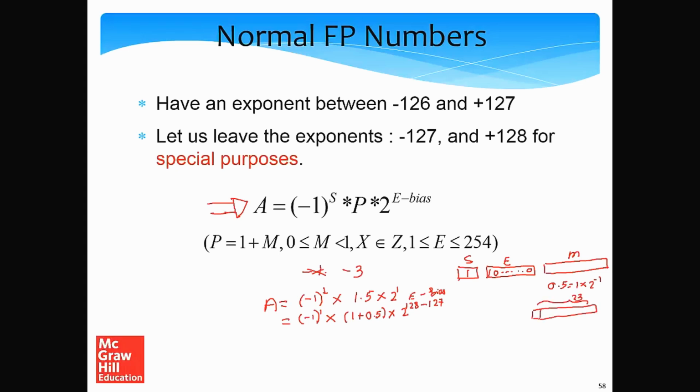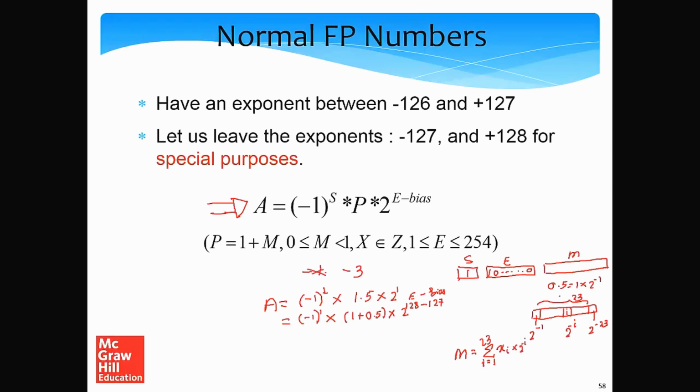The first bit corresponds to 2 to the power minus 1. The last bit corresponds to 2 to the power minus 23. And the ith bit corresponds to 2 to the power minus i. So the mantissa can be thought of as a summation from i equal to 1 to 23 of a coefficient xi multiplied by 2 to the power minus i.